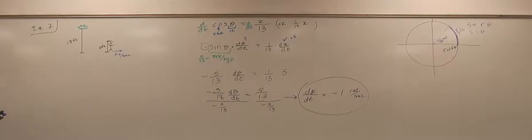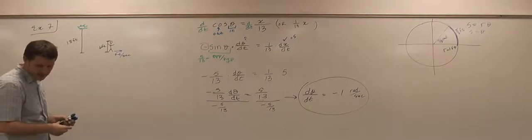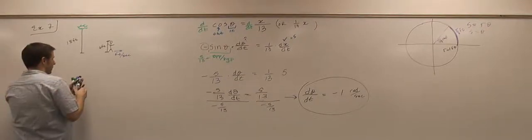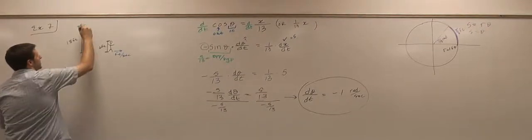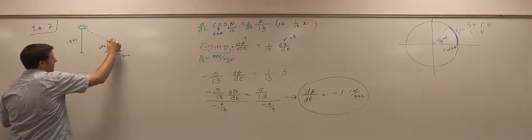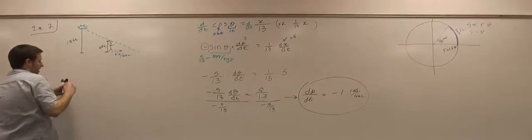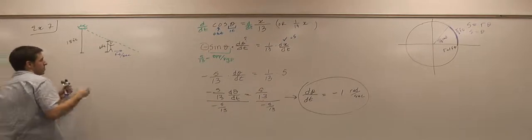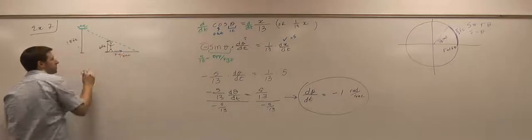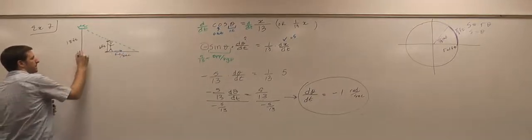And there's 2 questions. The first one says, how fast is the tip of your shadow moving? So this light is going to hit you and then it's going to get blocked. So that's going to end up casting a shadow right here. So this is your shadow.